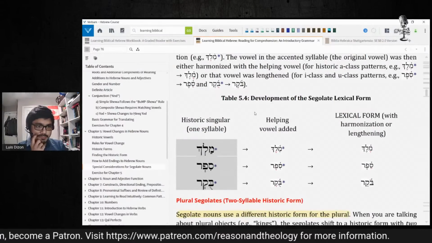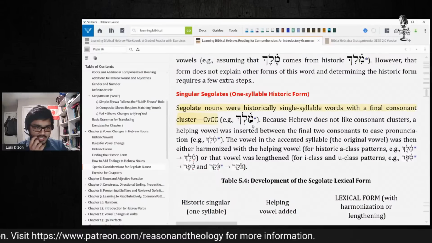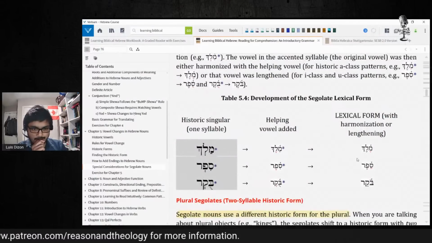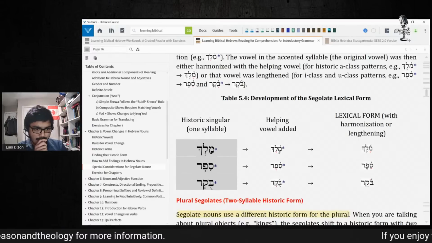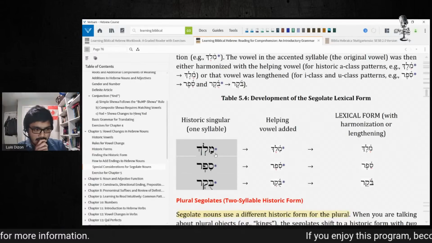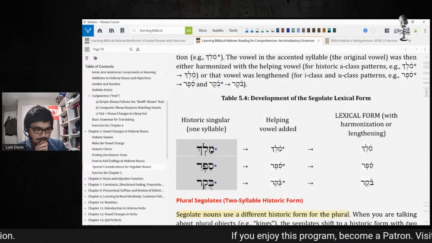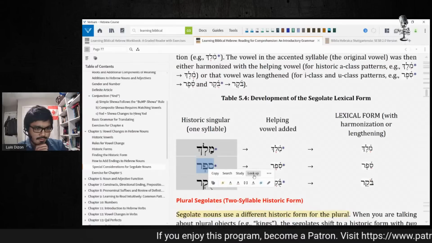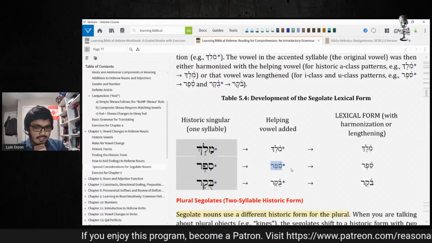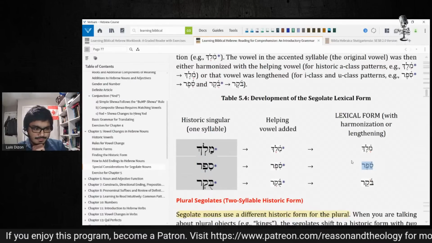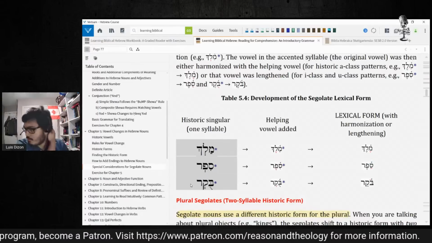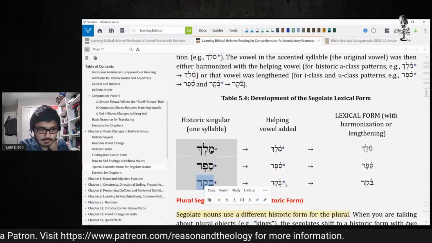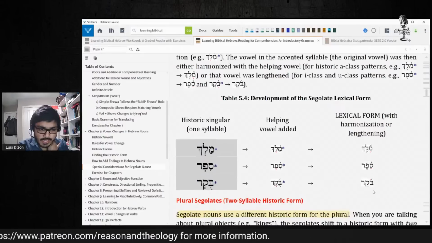And then the patach here lengthens. When it lengthens, it becomes a segol. So malk becomes malek, becomes melek. The word for book, its historic form is sifr, which becomes sifer, which becomes sefer. The word for morning is boker, which becomes buker, which becomes boker.